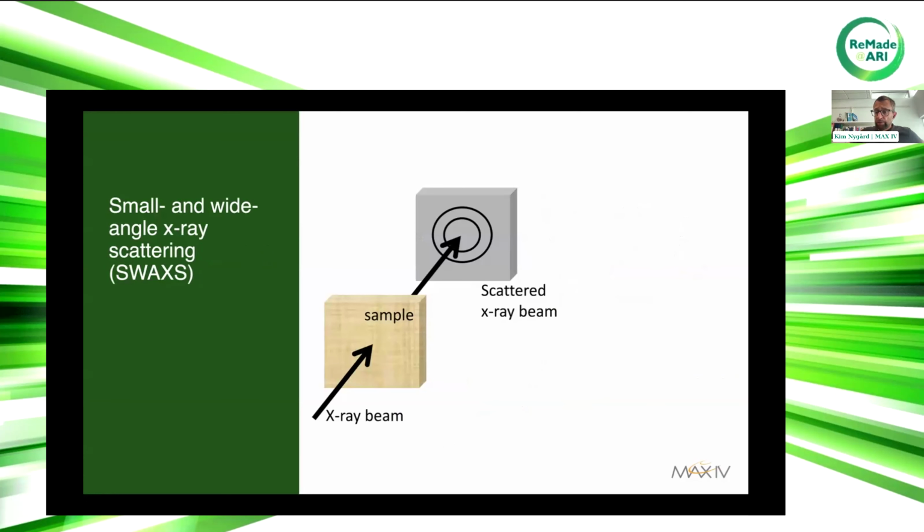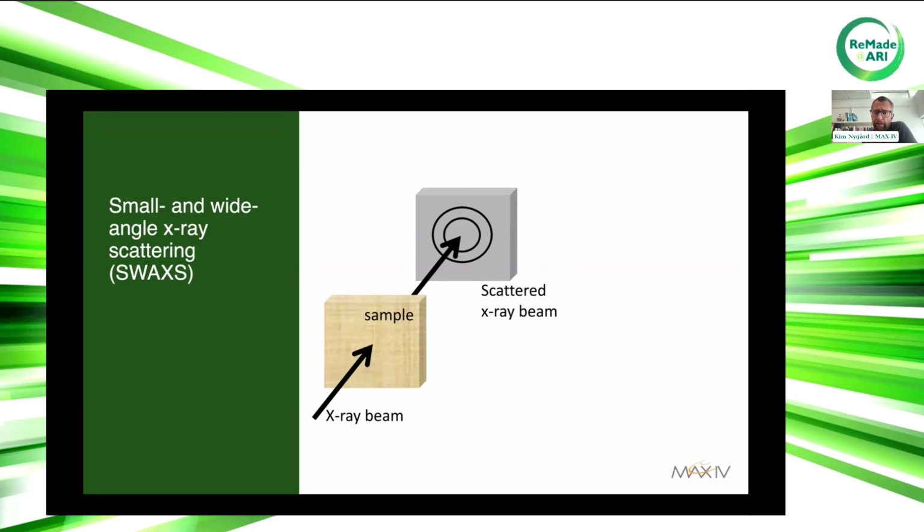Now, one way of studying nanoscale structure in materials that is fairly widely applicable to different kinds of materials is called small and wide angle X-ray scattering.